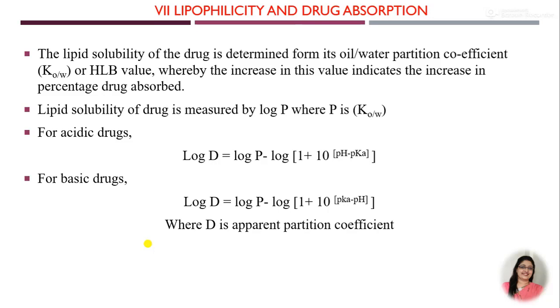So lipid solubility of a drug is measured by log P, where P is the oil-water partition coefficient, and these are the equations that relate the apparent partition coefficient to the lipid solubility of the drug.